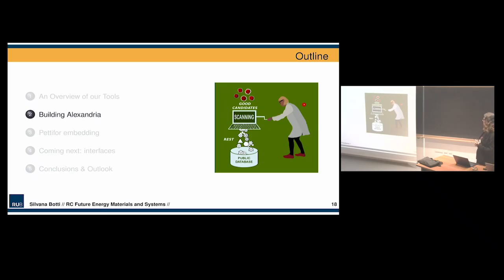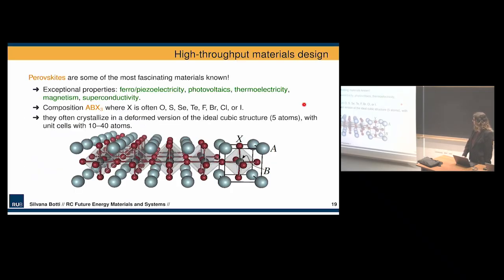Okay, so I said that the data is really important. Without data, we cannot do any machine learning modeling. And so I want to tell you something about the Alexandria database, and a little bit about how we built it. It started with high throughput calculations, about 10 years ago, for subsets or families of materials.